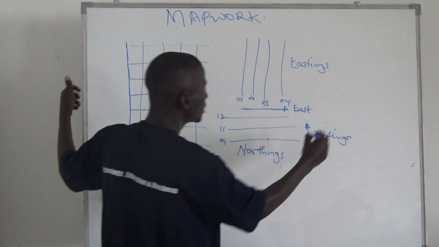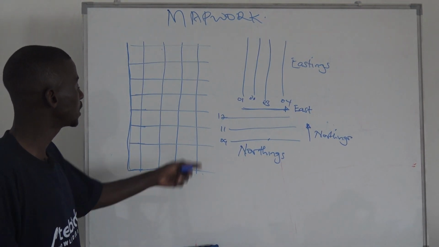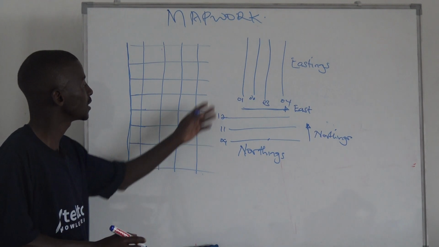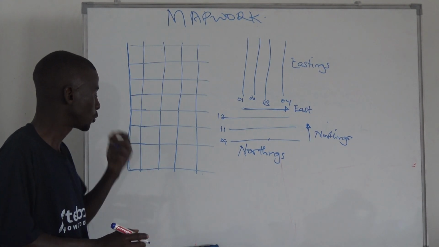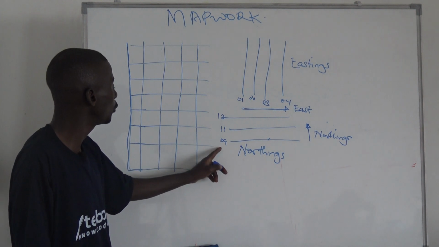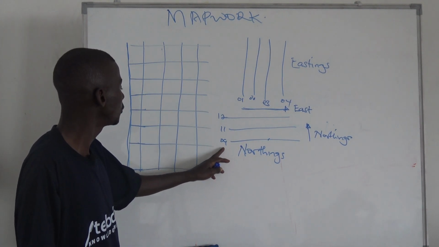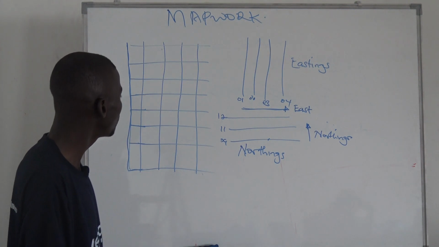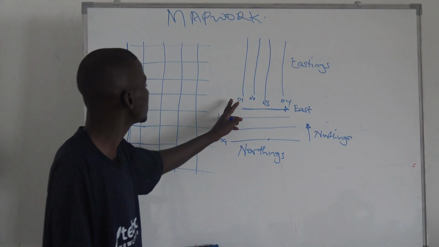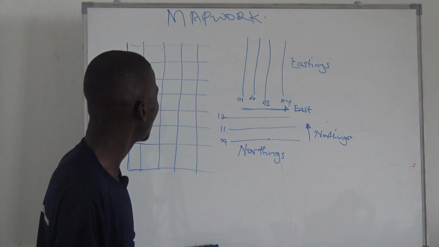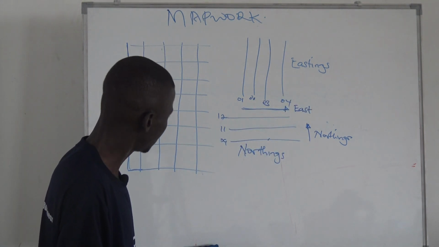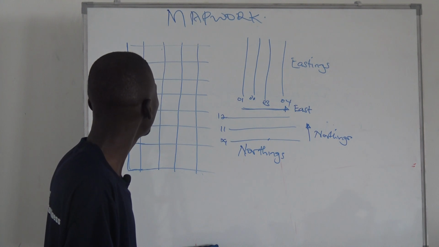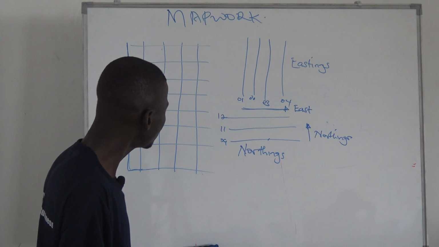So you should not confuse them, because literally when they are just seen, these look to be the eastings and these look to be the northings. So to get them clearly, just first of all count. When you count this one, you will notice that its number is increasing towards the north, and hence the name northings. Then these ones are increasing towards the east, and hence the name eastings. So that is generally the first thing we should note.